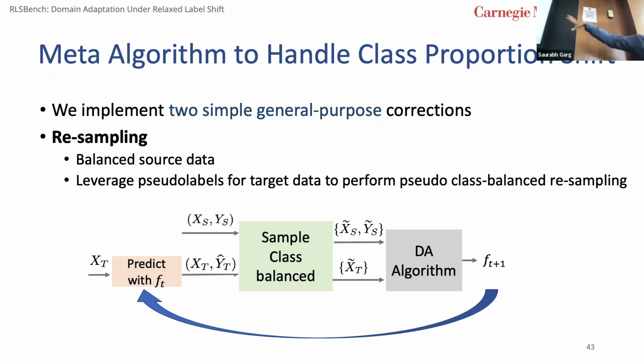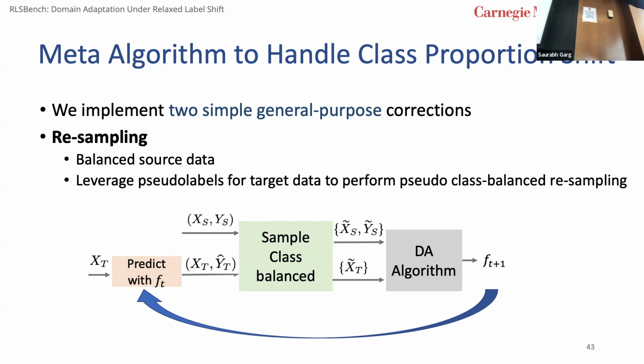So in some sense, this DA algorithm can be any black box method. What we are trying to do is artificially balance the unlabeled target data and source data to the same label proportion. Now, there can be different choices of what label proportion we use. In this work, we make it a uniform label distribution.